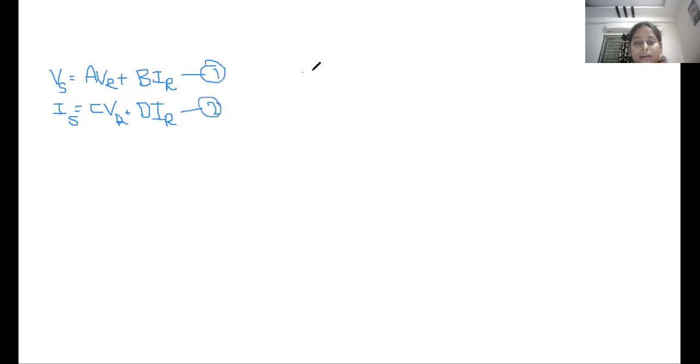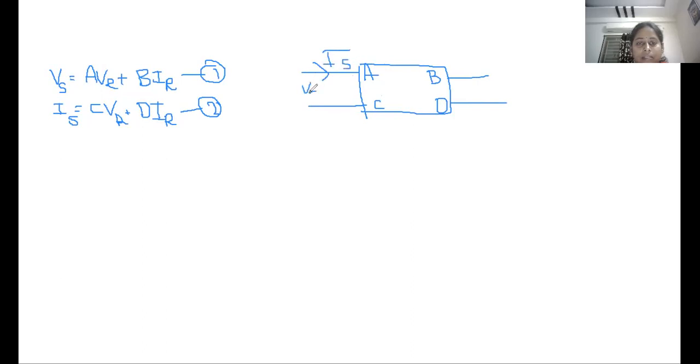We'll draw the circuit also. The flowing current is Is and the voltage is Vs, and at the receiving end side the voltage is Vr and the current is IR.